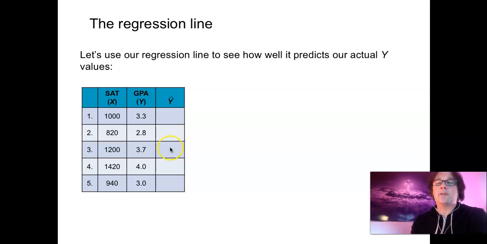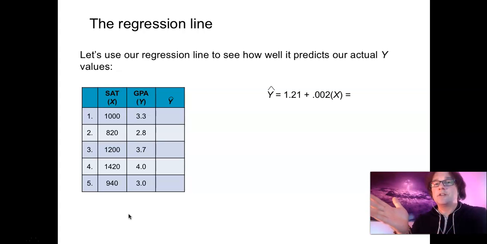So that's what this column is going to be. We're going to have the actual GPA associated with each of these SAT scores. Then we're going to use our regression line to calculate some predicted GPA scores, and we'll see how much they match up or don't match up.